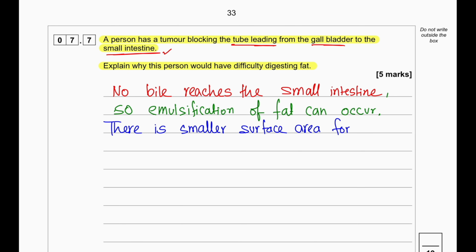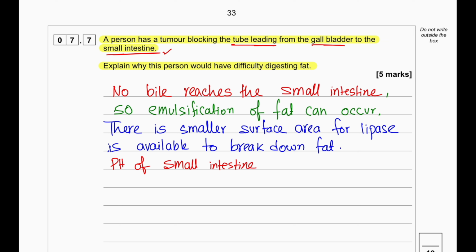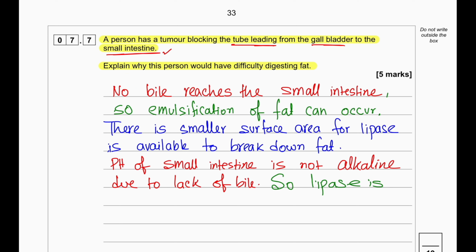So a smaller surface area will be available for the lipase to break down the fat, and the pH of the small intestine will not be alkaline due to the lack of bile, which is supposed to turn the pH alkaline. So lipase is not at its optimum pH to break down the fat.